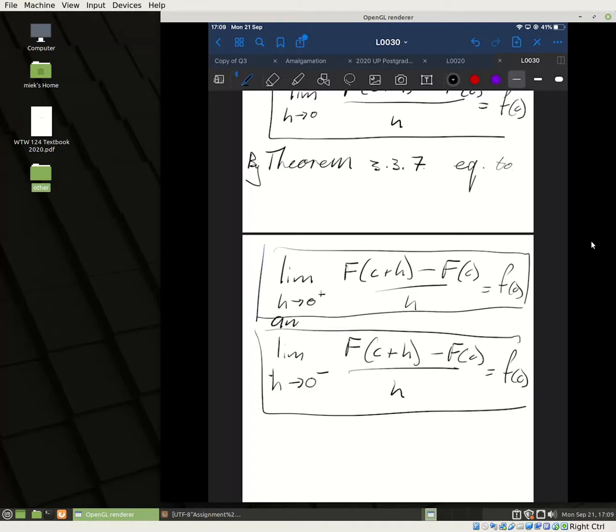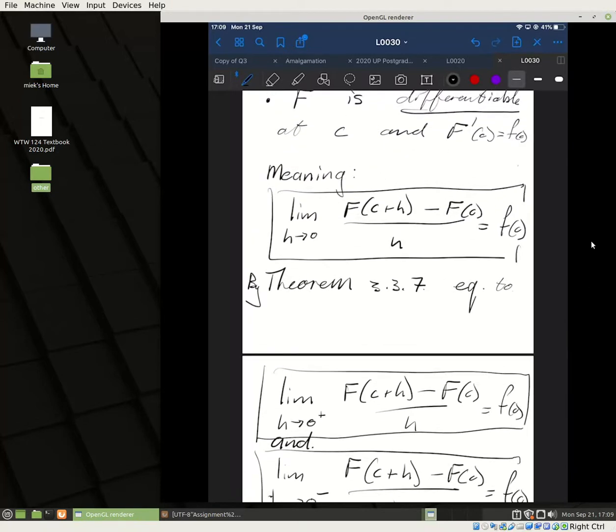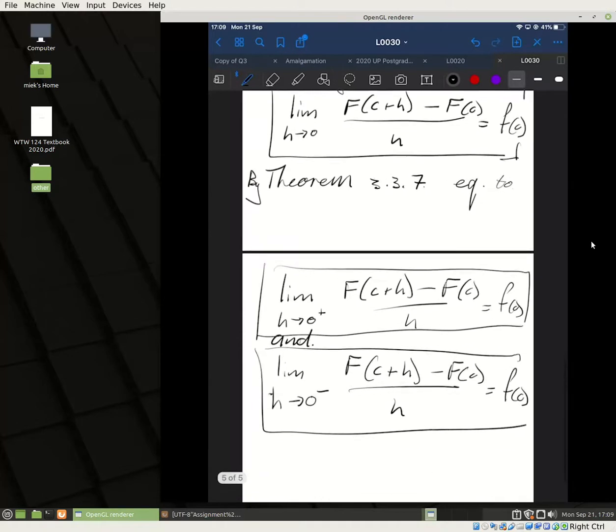So this statement that we claim to be true is equivalent to both of these statements being true. So if we can prove both of these statements, then we are done, by theorem 3.3.7.